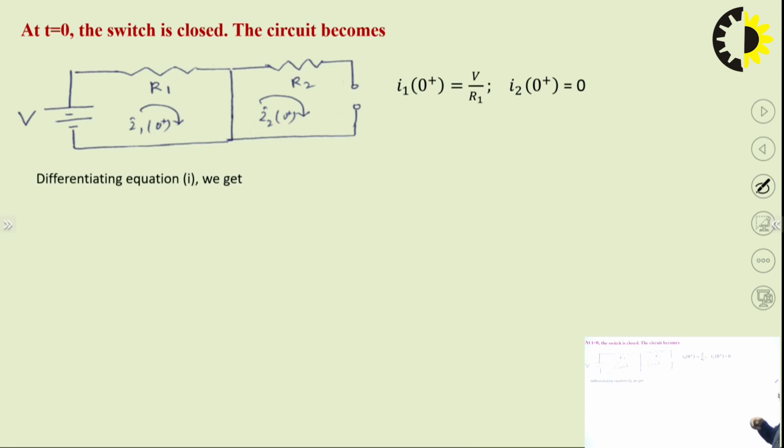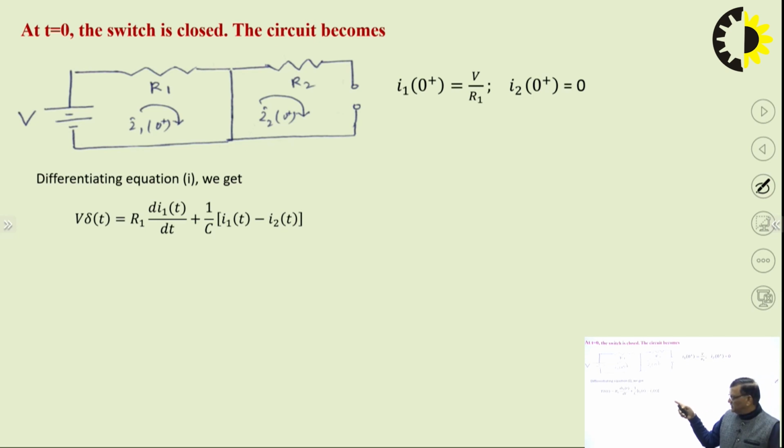Now to find the first derivative we just differentiate equation 1, so we get V delta t equals R1 di1(t)/dt plus 1 by C times the integral term. At t is equal to 0 plus, delta t will be 0, because the impulse function is defined only at t is equal to 0; other than t is equal to 0 its value is 0.